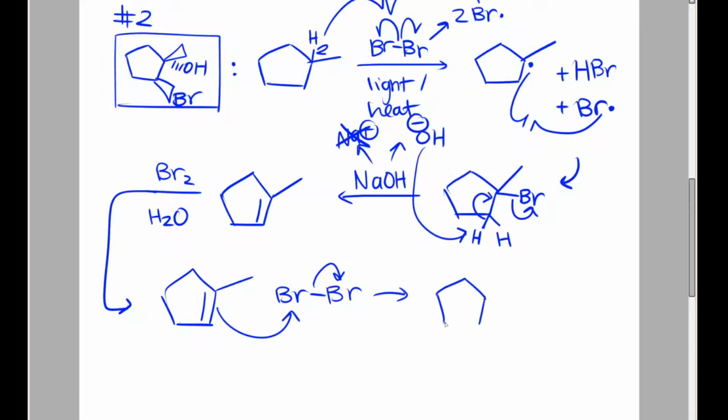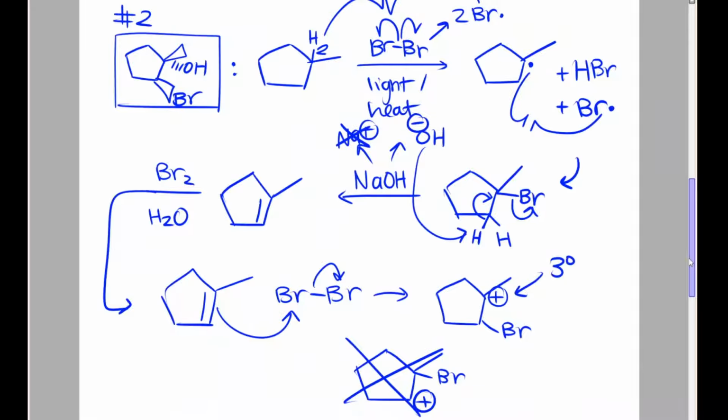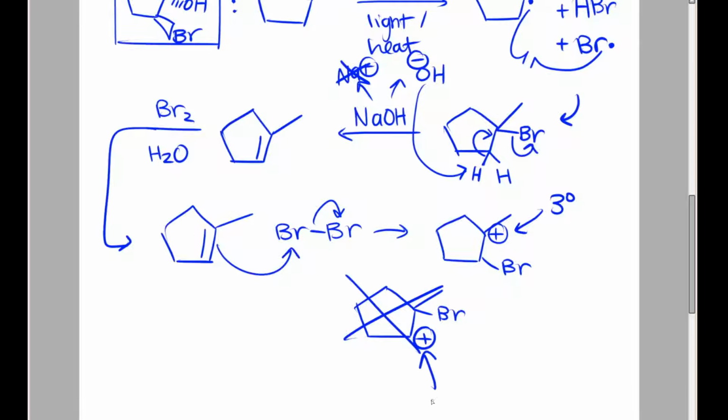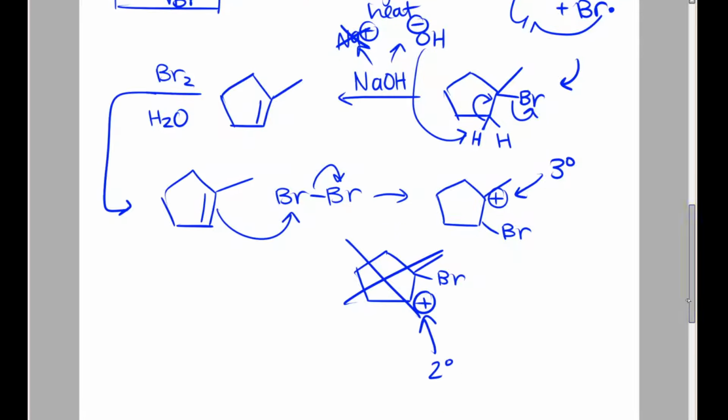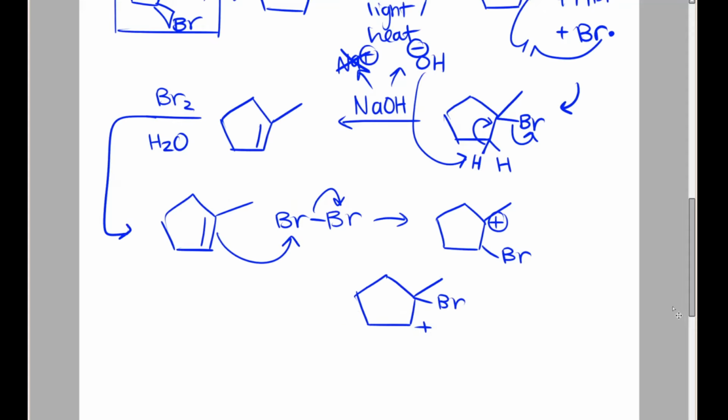So then it's going to look sort of like this, where we want to add the bromine to the less substituted side of the alkene, because then we can add the carbocation to the more substituted side, which is preferable over the other possible way you can do this, where it could be like this. But that's not very favorable, because this is a tertiary and more stable carbocation, whereas this one is a secondary and less stable carbocation. So that's important to remember.